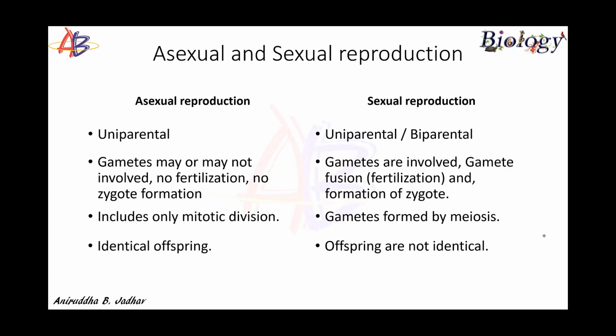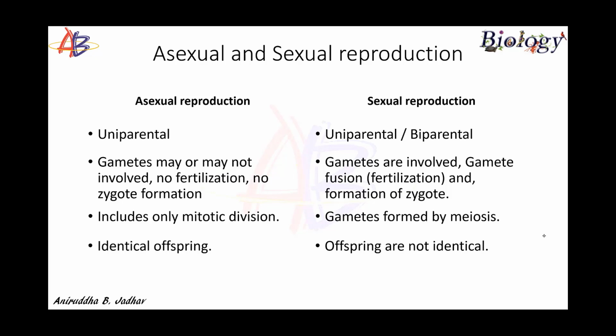But in sexually reproducing organisms, as gamete formation is followed by meiosis, meiosis has a crossing over stage, prophase 1. During this crossing over process, there is an exchange of genetic material between homologous chromosomes, and that leads to recombinations.